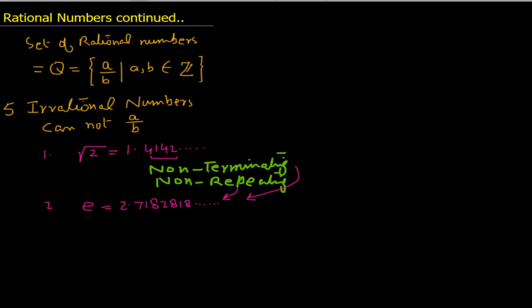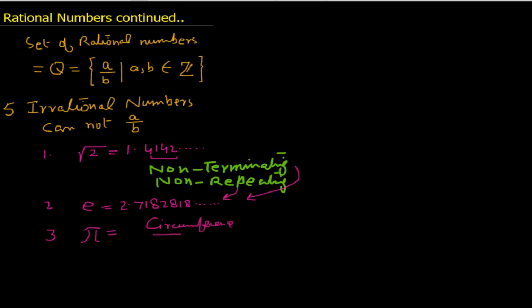And the third very famous example, very well-known number, is pi. Pi is the ratio of the circumference to the diameter of any circle.